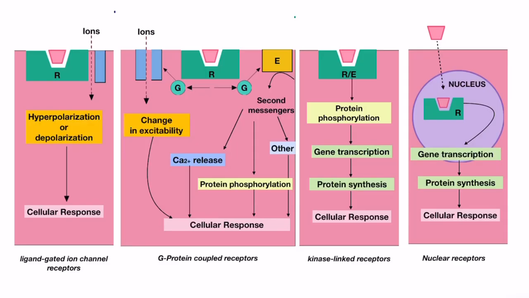Starting with the ligand-gated ion channel receptors, also known as the ionotropic receptors. The movement of ions like potassium and sodium across the membrane is crucial for nerve function and communication. But ions are charged molecules, so they can't pass the membrane through simple diffusion.